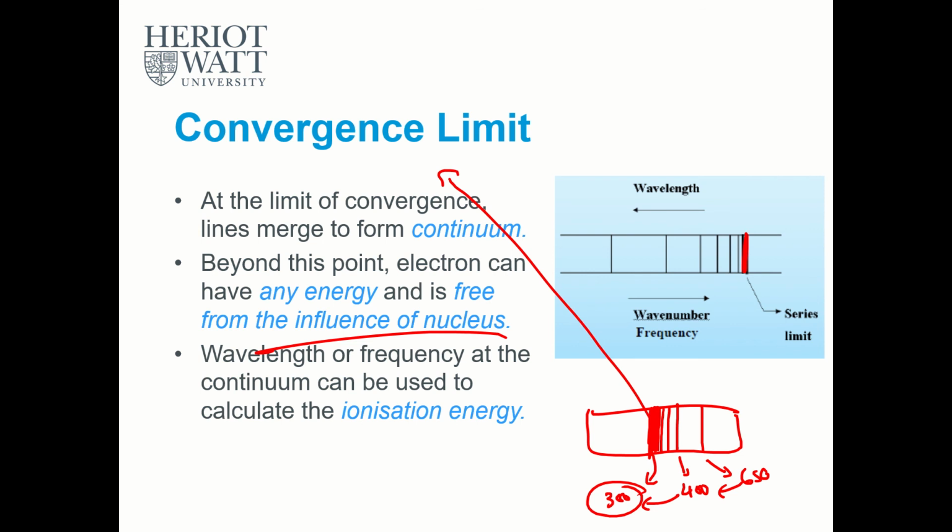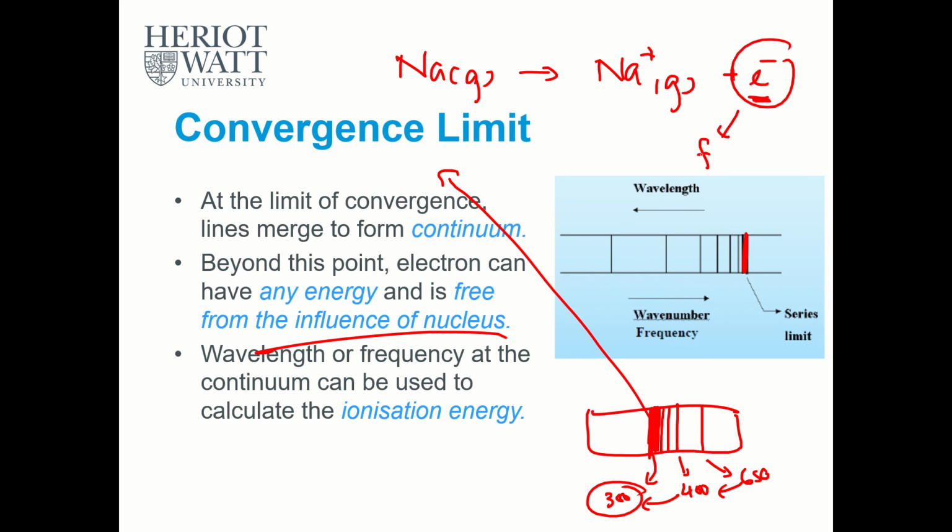It's the same case as when sodium changes into sodium positive gas with the release of a single electron. This is the free electron. And this free electron goes beyond the convergence limit. The energy value is far from the convergence limit, therefore they are free from the nucleus attraction.